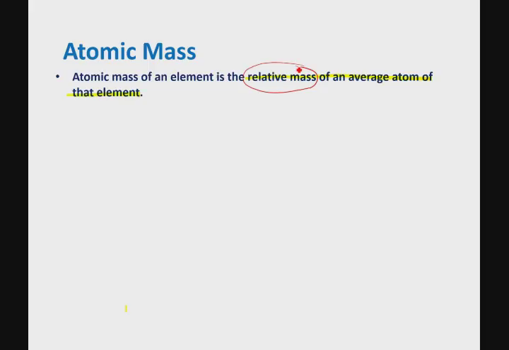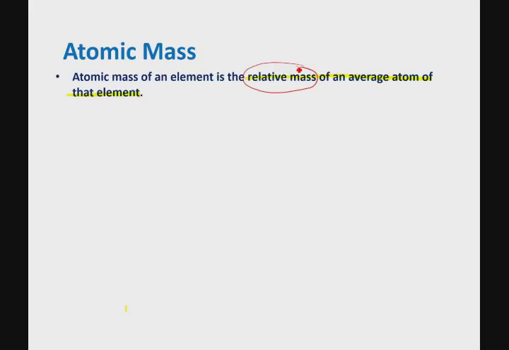So relative means it's compared to something else. Atoms are so small that we can't really determine their absolute masses, at least not yet. So what we have instead done is figured out each atom's relative mass compared to something else, how heavy is a certain atom.